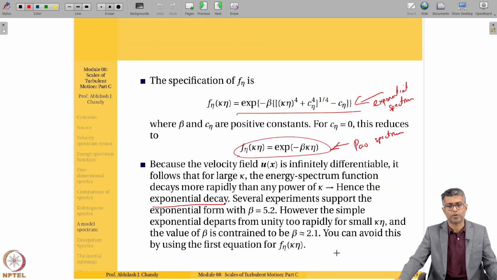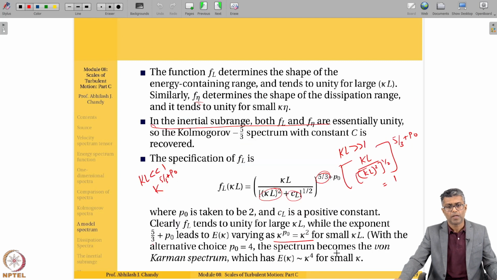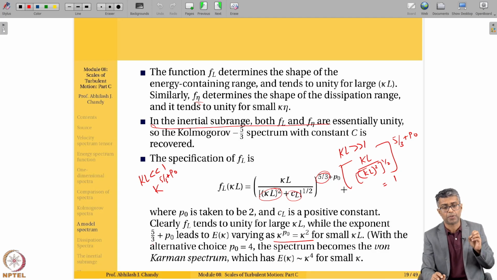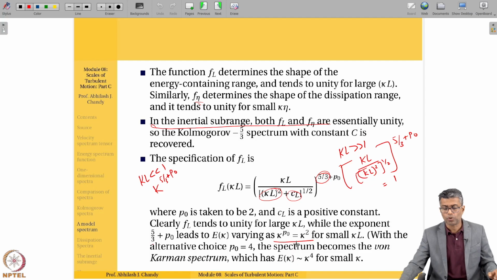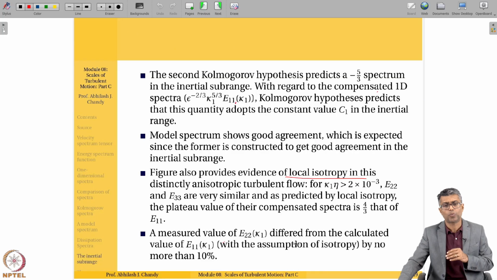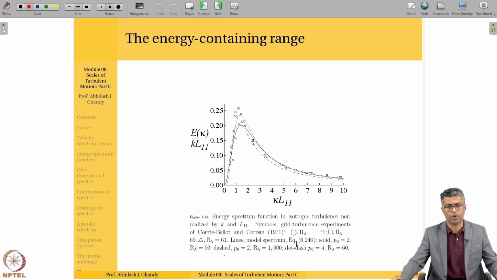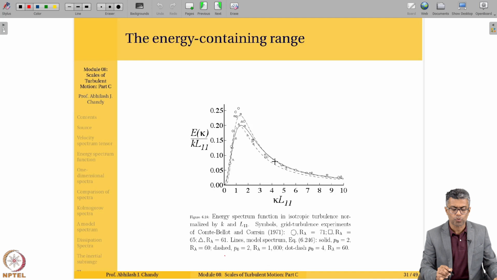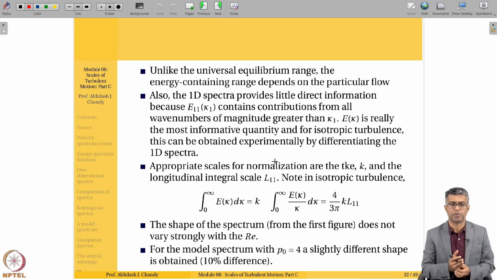If you look at the model spectra which we showed a couple of classes ago, this is where P0 comes in, in this energy containing range. We had discussed at that time that P0 can have different values. It can be 4, then it is called the Von Karman spectrum. You can also have P0 equal to 2. So we have tried those two different values and plotted the model spectrum here along with experimental data from Comte-Bellot and Corrsin. So you have these symbols which are experimental data and lines which are the model spectrum.